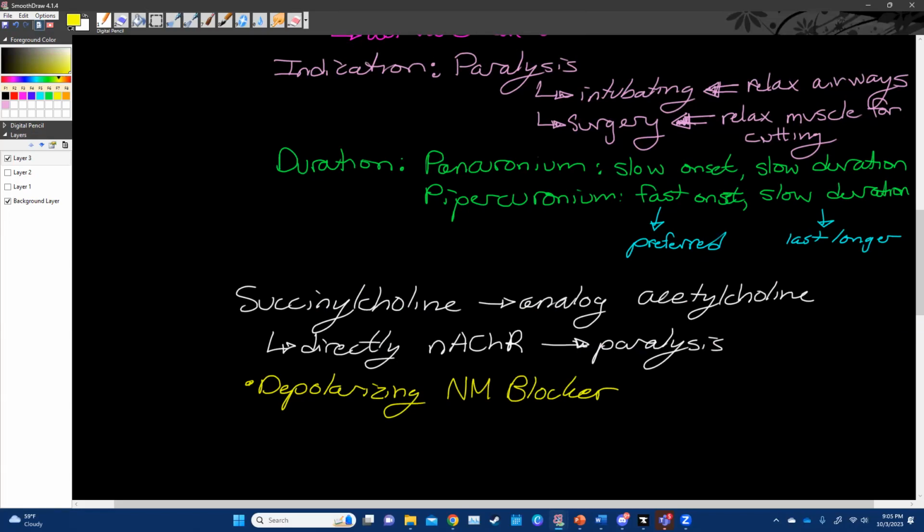Because it's directly binding to the receptor as acetylcholine would, it is going to cause a major, just looking for my notes. There we go. It's going to cause an immediate reaction with the muscles in the body.